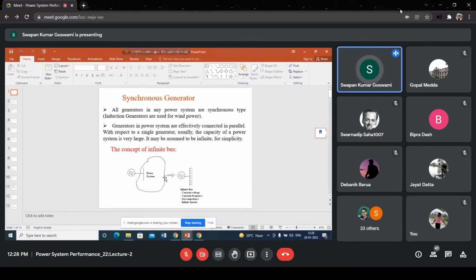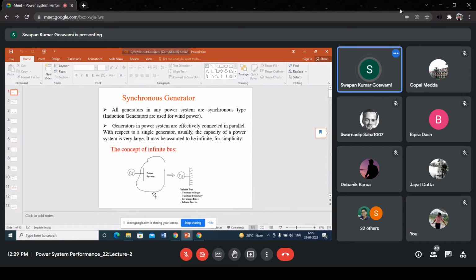To give you an idea of the relative magnitude of these capacities, say a generator of 500 megawatt capacity is connected to the power system. And if we talk about a large power system such as the power system of India, it has an installed capacity of nearly 370 gigawatt.